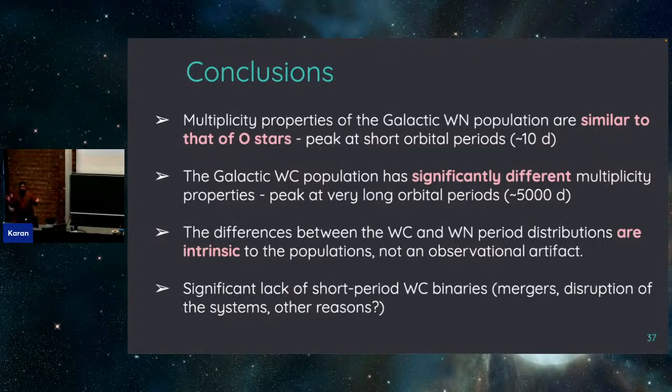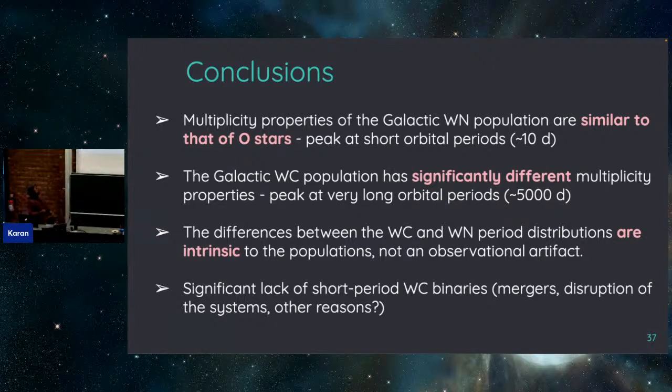We need to look at the south as well, because we know from the literature that there are a lot more short period binaries in the south. And therefore, if we look at the southern sample and start a complementary radial velocity survey, then we'll be able to get a sort of homogeneous result for the entire galaxy.